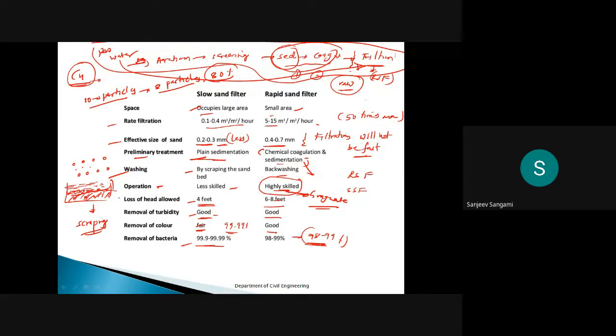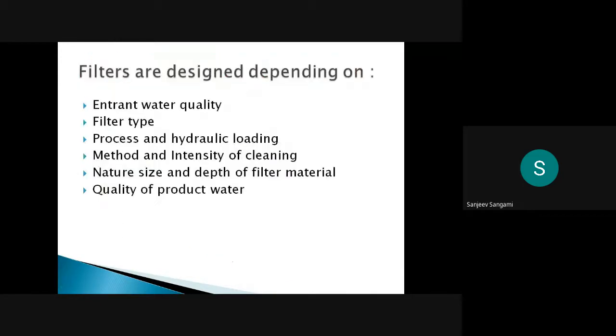Removal of bacteria is 99.99%, but here it is 98.99%. Here it is lesser, here it is more. Normally the filters are designed depending on the quality of the raw water.